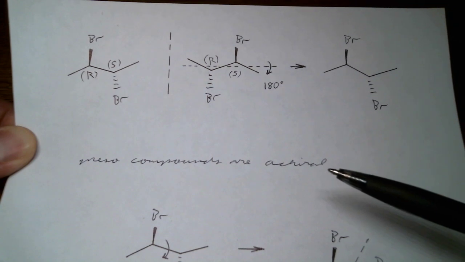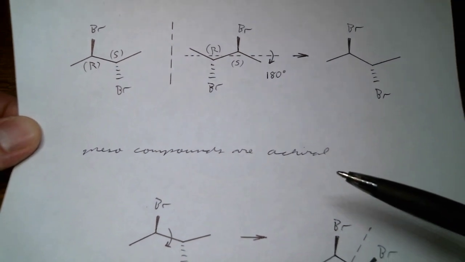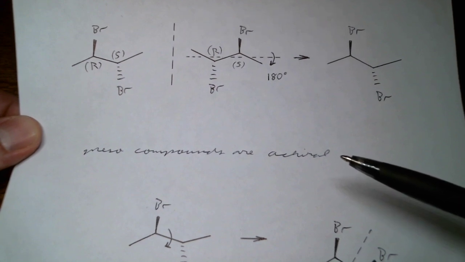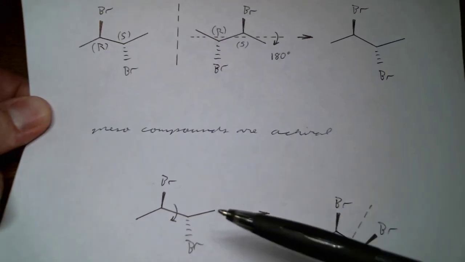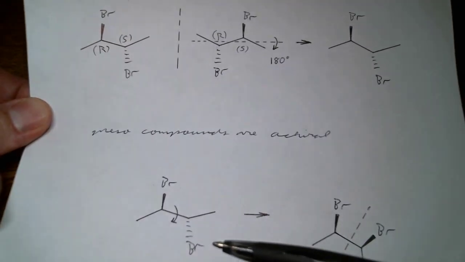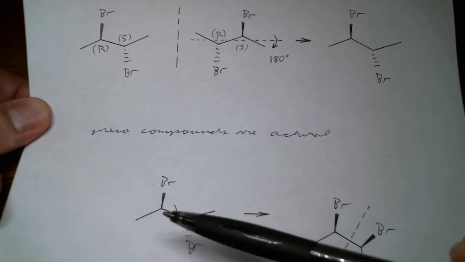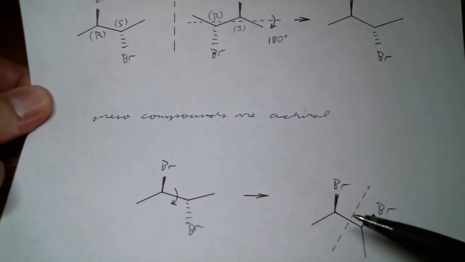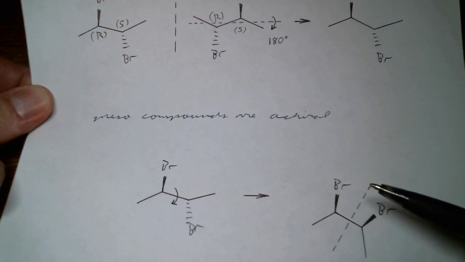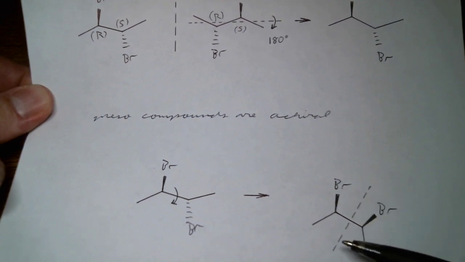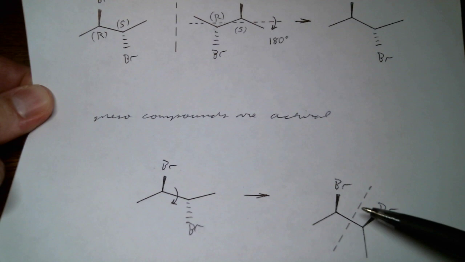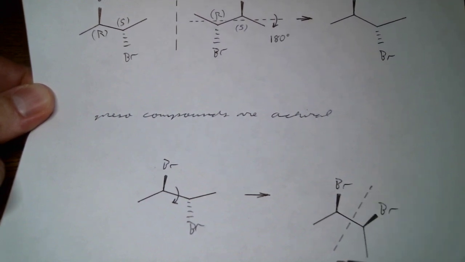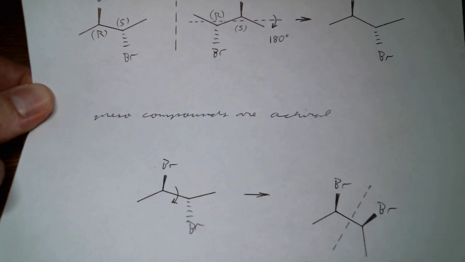Meso compounds, as I've alluded to, are achiral, which means you should be able to find an internal plane of symmetry in them. And indeed, if you take your RS configuration and you rotate around this carbon-carbon single bond a certain number of degrees, you will arrive at a configuration of this 2,3-dibromobutane where you can clearly see that there is an internal plane of symmetry.